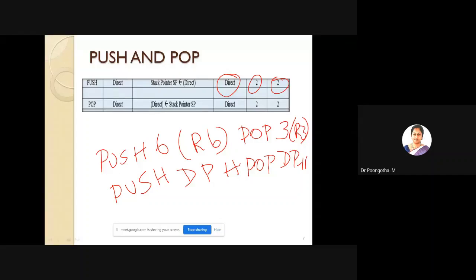So push is for adding data elements into stack. Okay. And pop is for deleting data elements from stack. So I will explain this with an example.